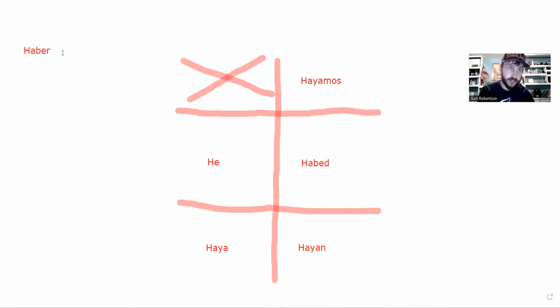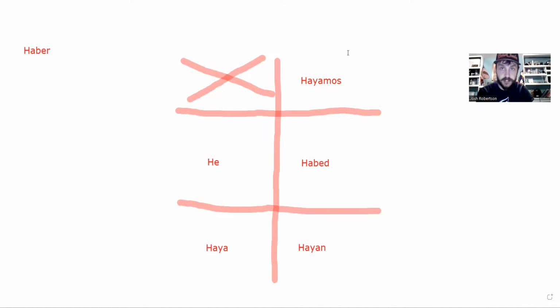So, in the affirmative imperative for the verb haber, nothing in the yo form. Tú he, él, ella y usted haya. Nosotros, nosotras hayamos. Vosotros, vosotras habed. Ellos, ellas y ustedes hayan.